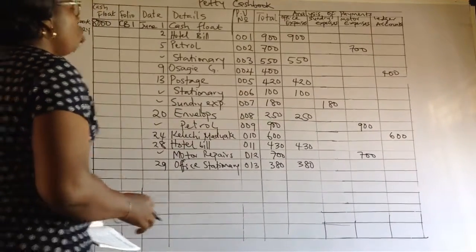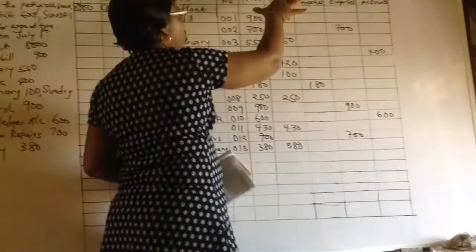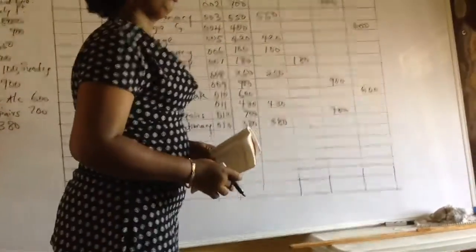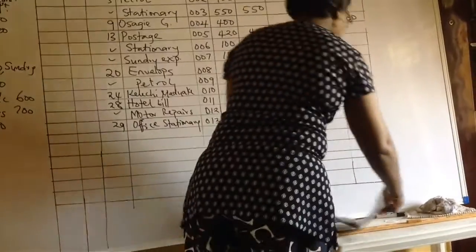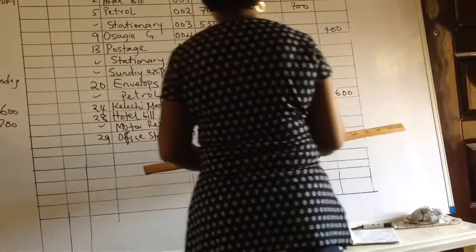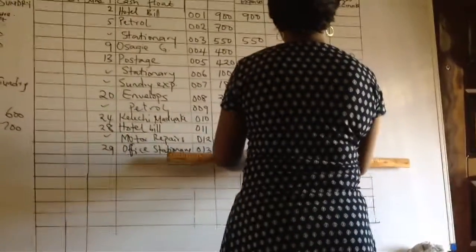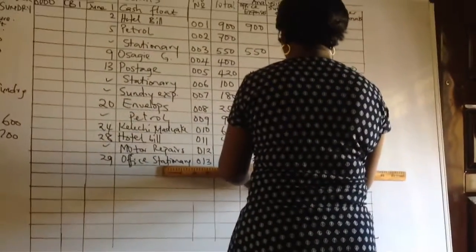The next thing to do is to total everything on the board. So to do that, first of all, you rule again.